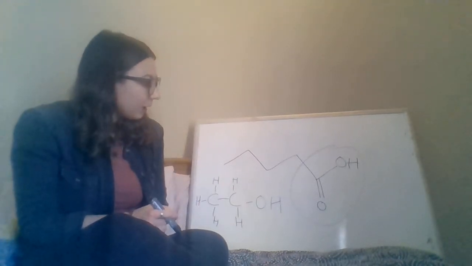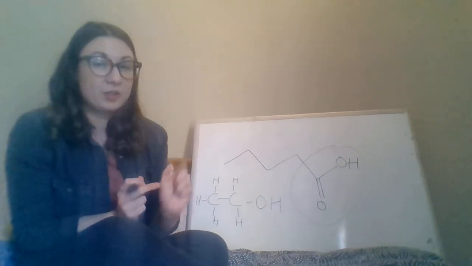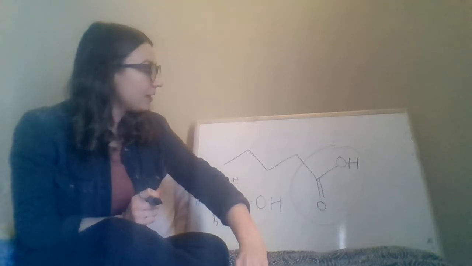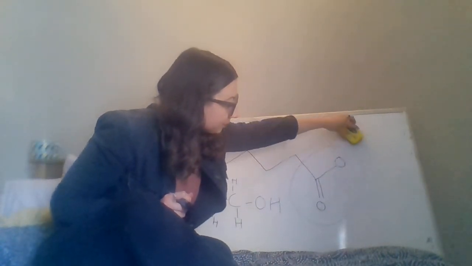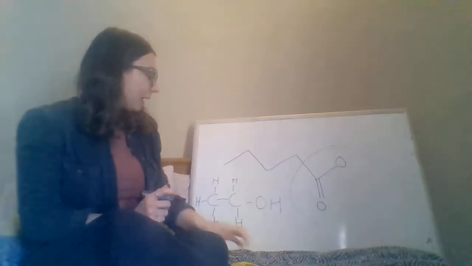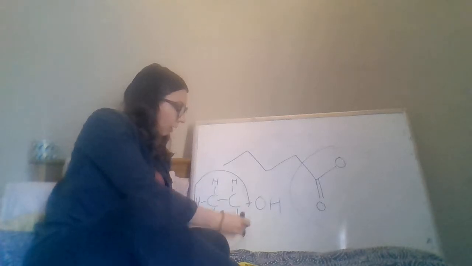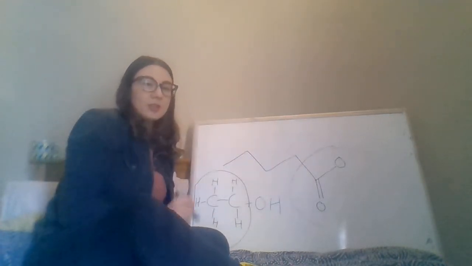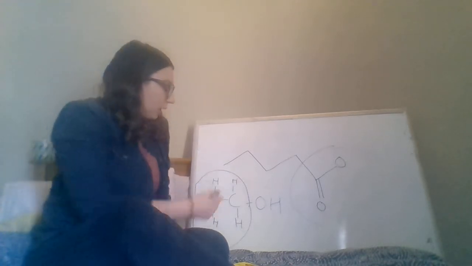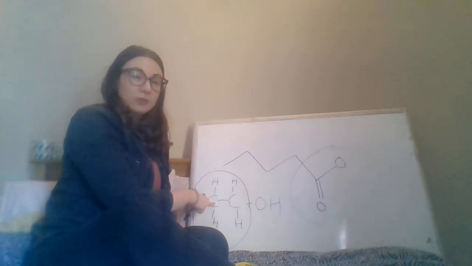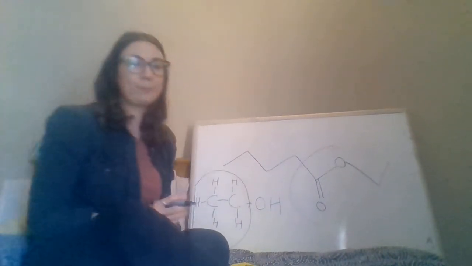So if this is going to undergo an esterification reaction, what's going to happen during this reaction is this hydrogen up here is going to come off, and whatever carbon we've got in our reacting alcohol is going to get stuck onto that oxygen. So if I used ethanol, I'm going to get a 2 carbon chain attaching to this like that.